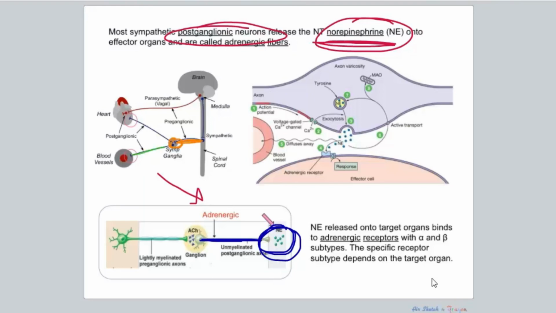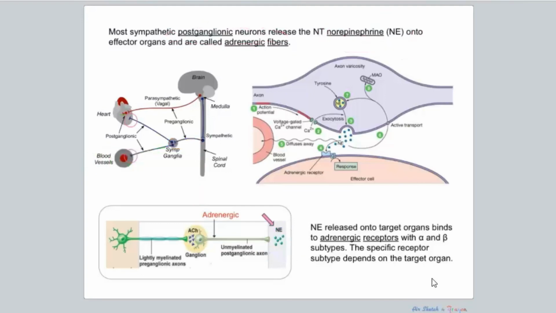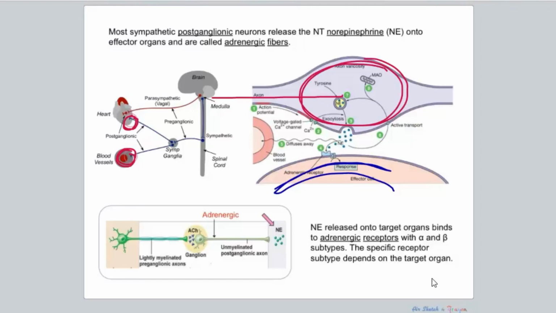Then the postganglionic neuron releases norepinephrine, in this case onto a blood vessel. Here's a long preganglionic. Oh, sorry, that's parasympathetic. So yeah, this is the postganglionic for the sympathetic. Those are releasing norepinephrine onto their effector organs, and that's what this is showing right here. Here's your postganglionic neuron, and here's your effector cell, and we're releasing the neurotransmitter norepinephrine across that synaptic cleft.